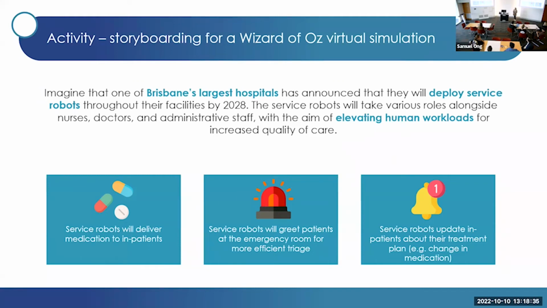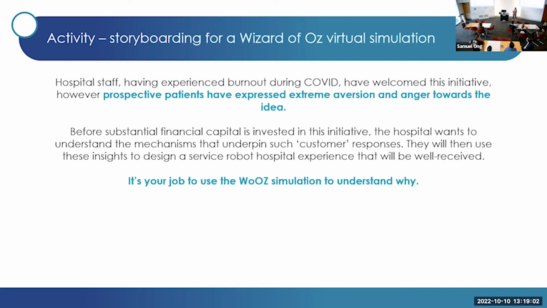What they plan on doing, hypothetically of course, is implementing service robots delivering medication to patients, greeting patients at the emergency room for efficient triaging processes, and also updating inpatients about their treatment plan. So maybe the doctor can't get to them: hey, your doctor's changing your medication, hey, you've been booked in for this surgery, that kind of thing.